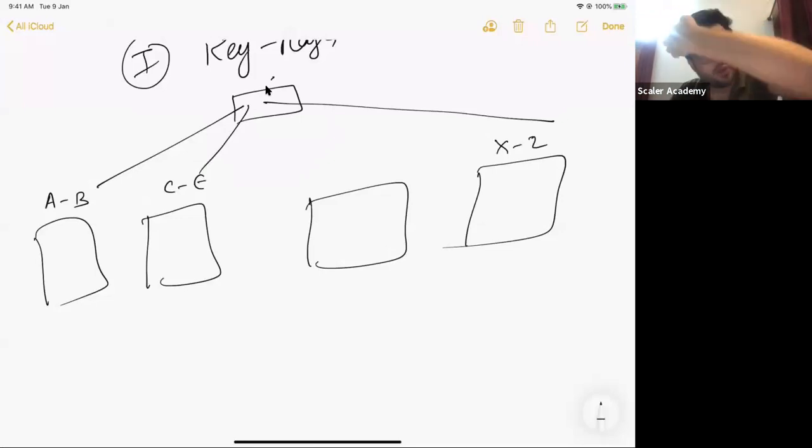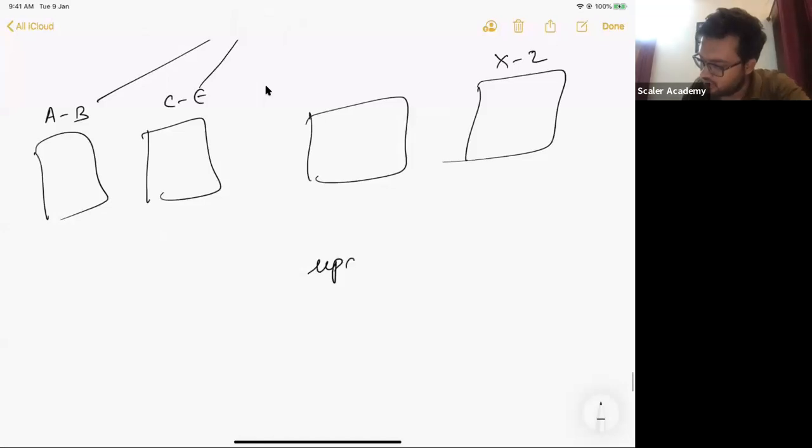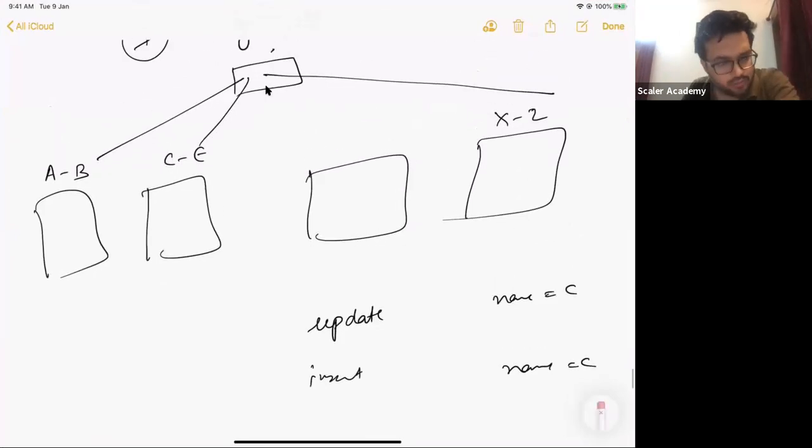You can just write that logic in the application itself, which will enable you to figure out which particular DB you need to go to for a given query. So let's say there is some query which inserts a row where the name starts with C. Do you automatically know which DB to go to? Right, you know automatically which DB to go to. So you're going to go to this second instance.